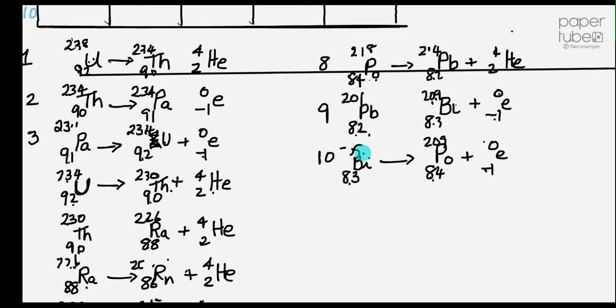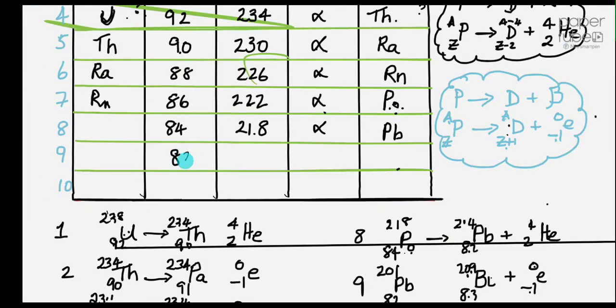So let's fill in the bits and pieces. That's 82. This is question number 9. 82. I'm getting 209 here, and I'm getting beta particle, and I'm getting bismuth 209 and a beta particle.